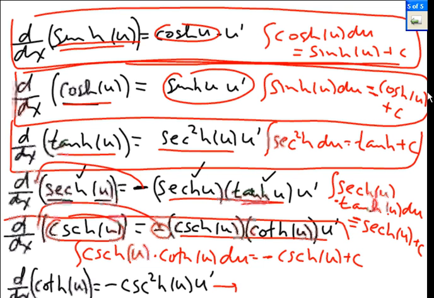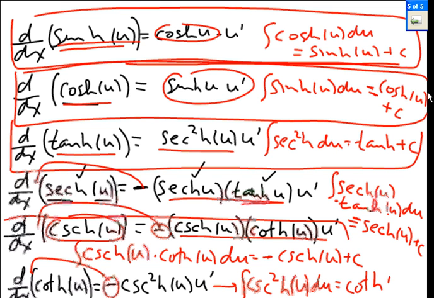The last one. Bring the minus to the other side. The integral of hyperbolic cosecant squared of u du equals negative hyperbolic cotangent of u plus c.